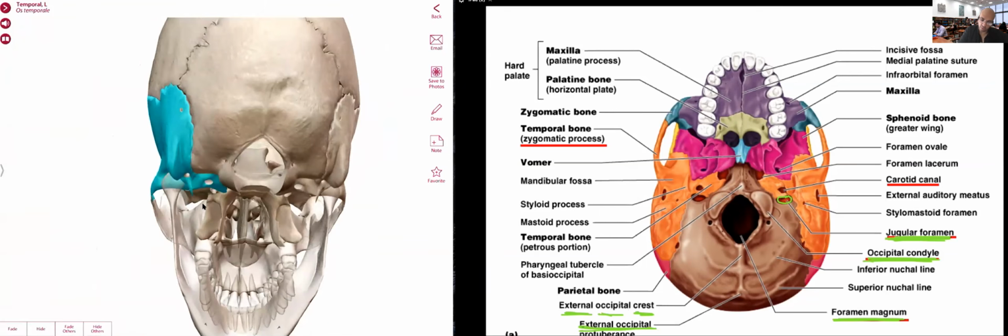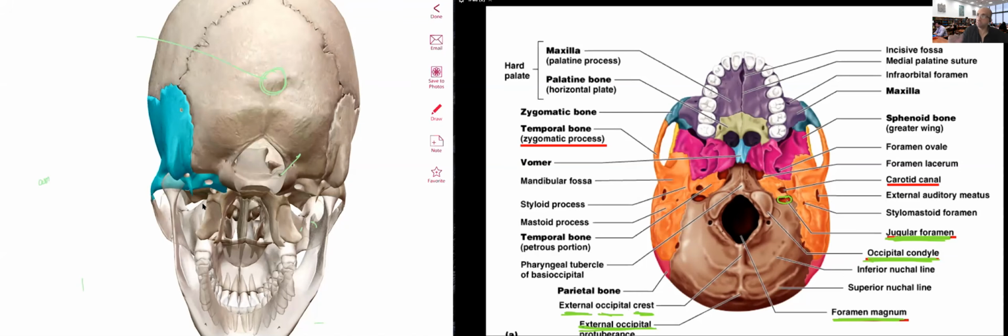It's the same concept on here. So you might have one marking like this. I'm asking you to identify the name of the bone. What is the name of the bone? Occipital bone.